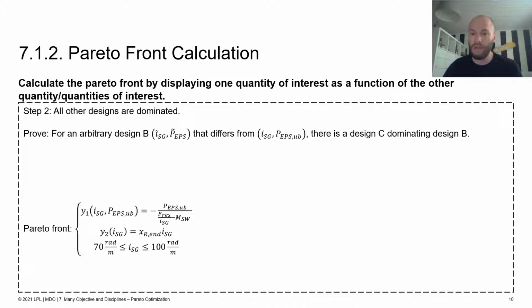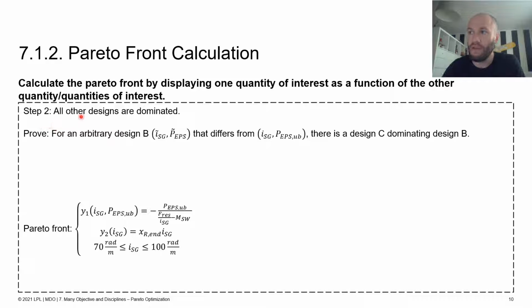Step 2 is now carried out to show that we're not excluding any other designs. So we want to ensure that our definition of the Pareto front, so all gear ratios combined with the upper bound of the power of the actuator, is indeed the Pareto front. So I know that the last slide and also this one is a bit theoretical, because one can conclude that right away from the sketch we made, but still.